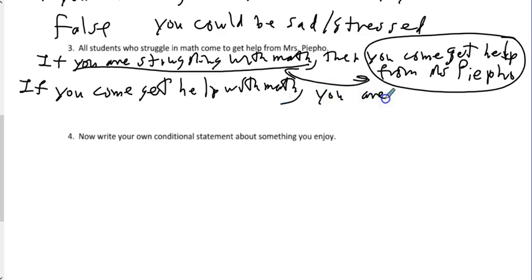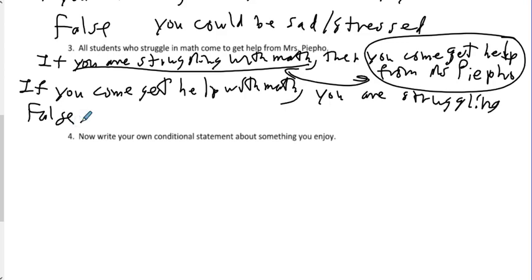You are struggling. Now, that is false. Partially. Again, all of these could be true. You're coming to get math help because you're struggling. You're eating because you're hungry. But if there's an element or a possibility of false, we say false and then disprove it.